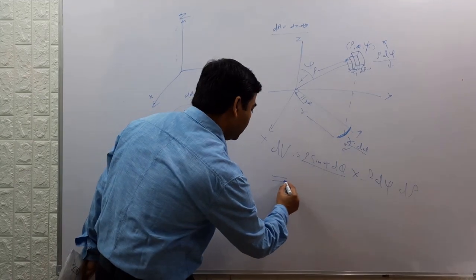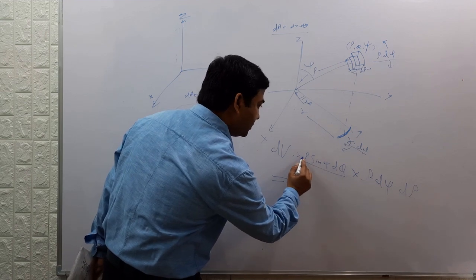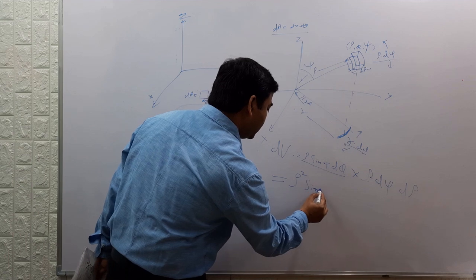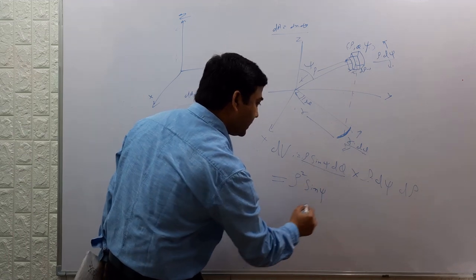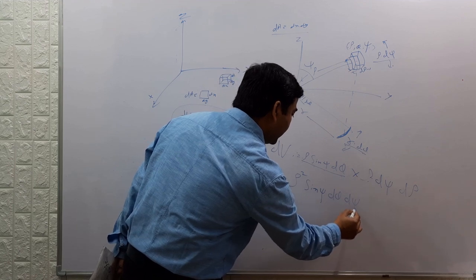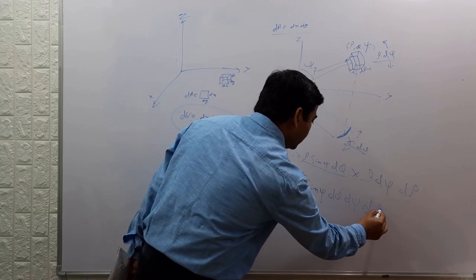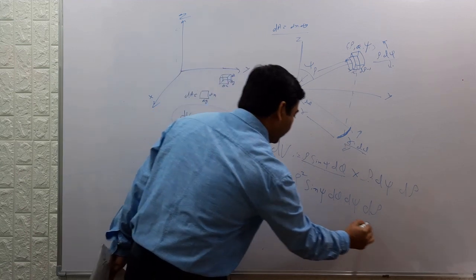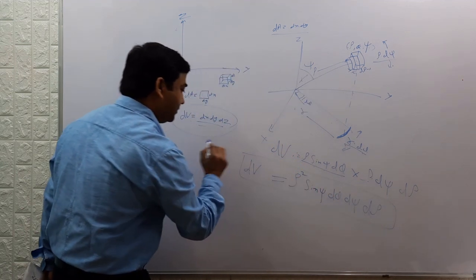This will be rho square sin phi d theta d phi d rho. This is dV in spherical form.